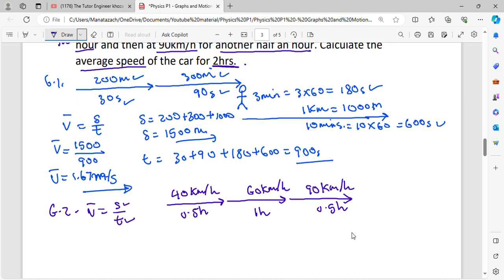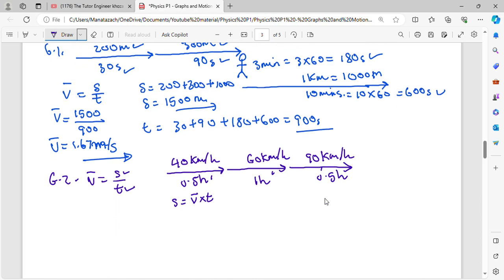Okay, so here we'll calculate the individual distances. We'll use the formula velocity times time to calculate the distance. So we'll calculate it for 40, 60 and 90 kilometers per hour.